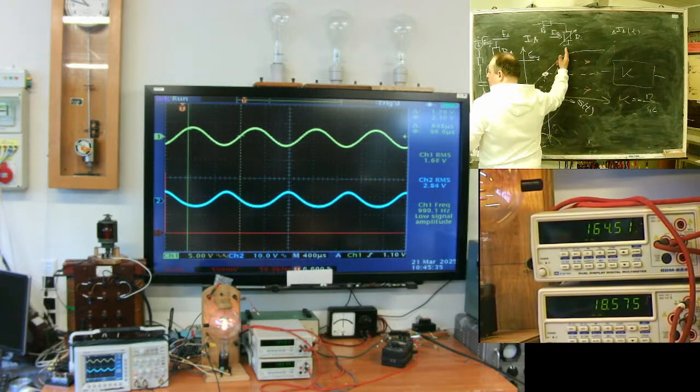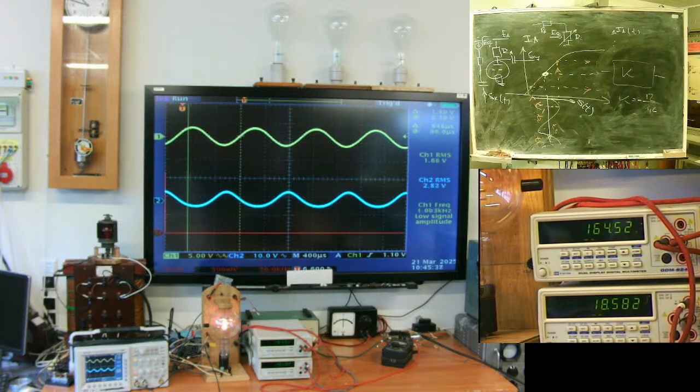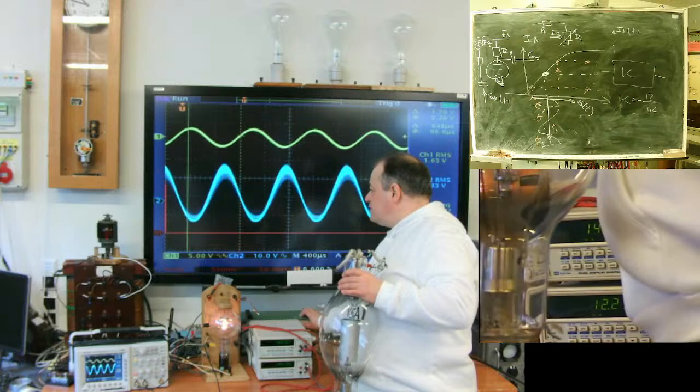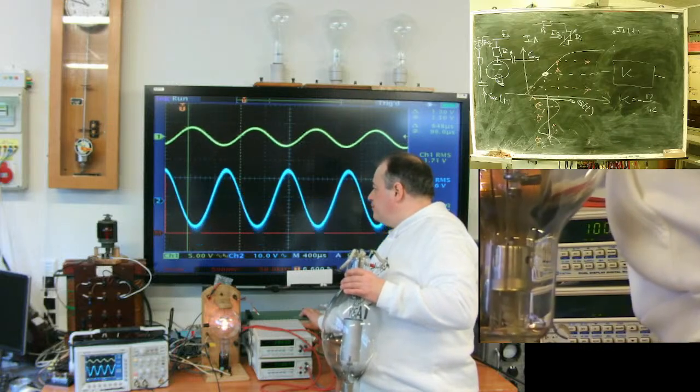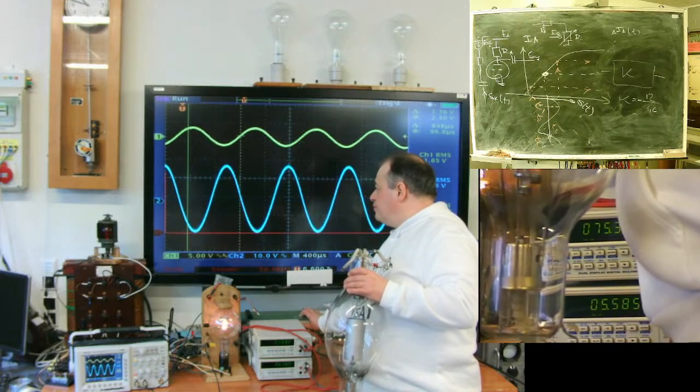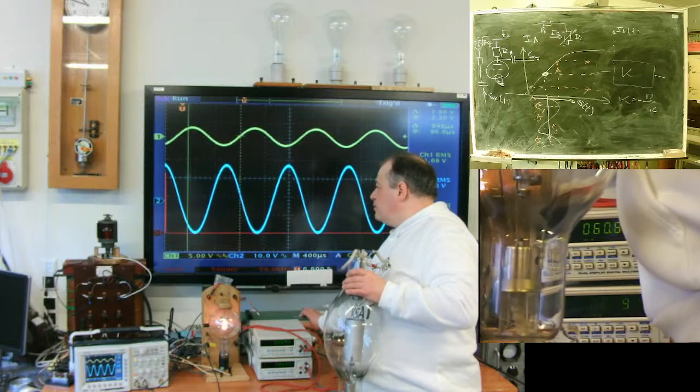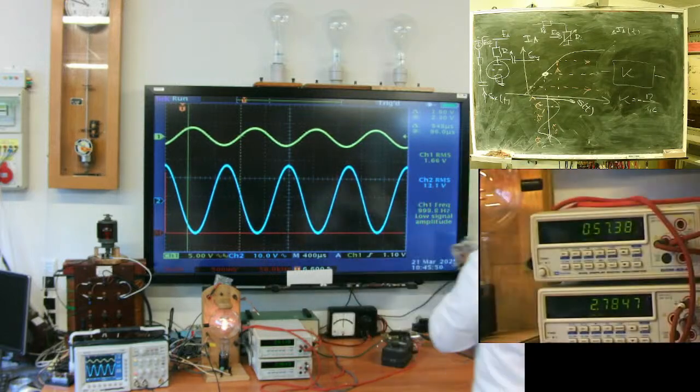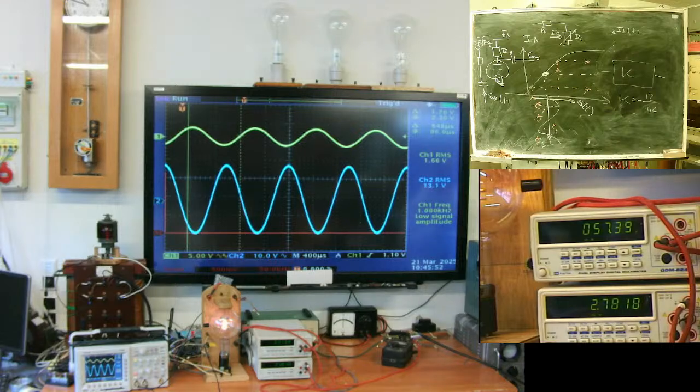I'm here now. And I have clipping from the lower side. No clipping, linear, I got a better point, 13 volts. Linear amplification.